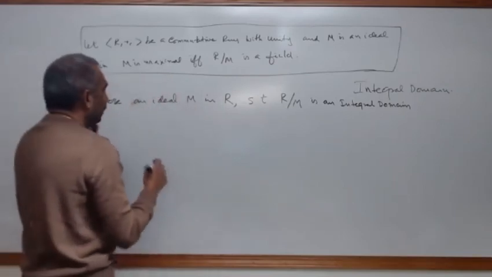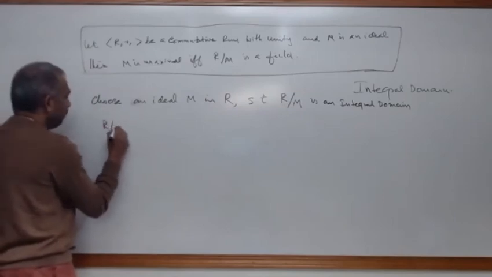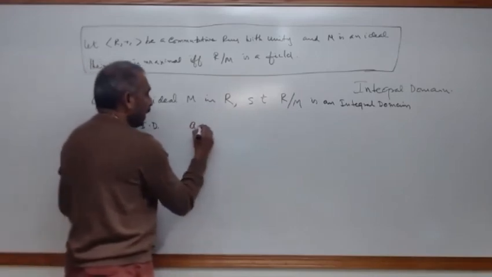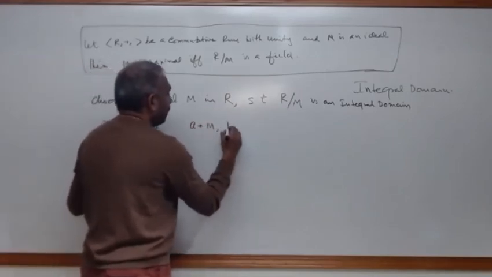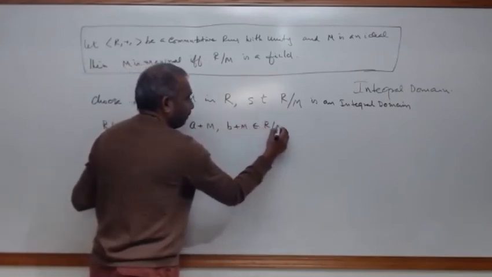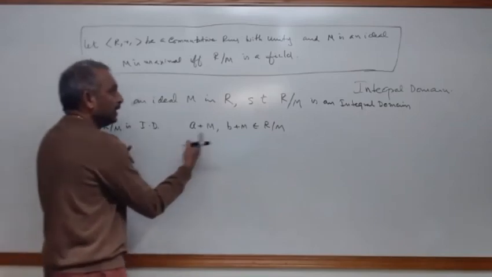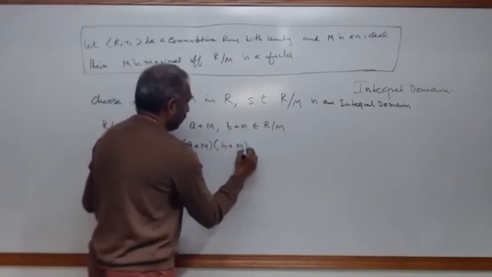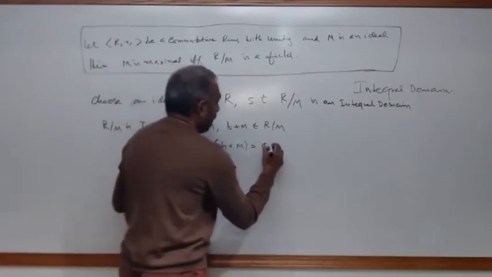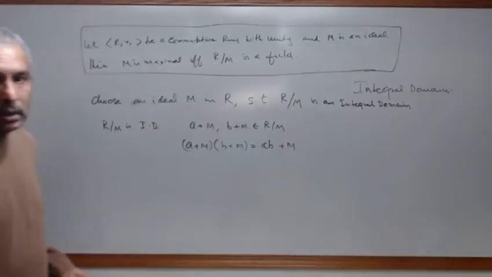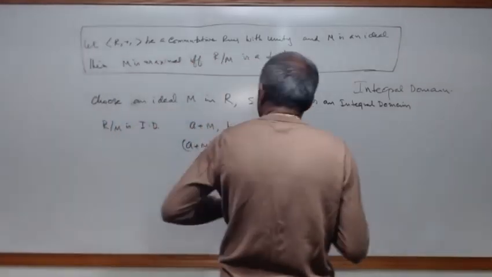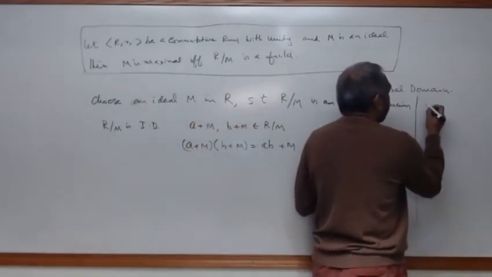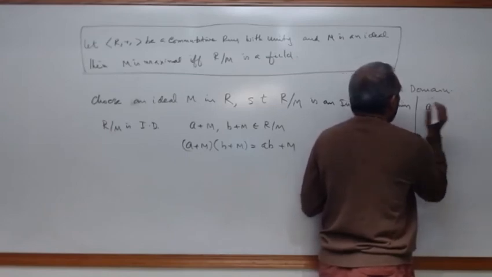See what happens here. So we are assuming that R by M is an integral domain. What does that mean? Take two elements, A plus M, comma B plus M in R by M. Then what is the definition of an integral domain? You multiply these two together, so that means AB plus M. Actually, what is an integral domain?